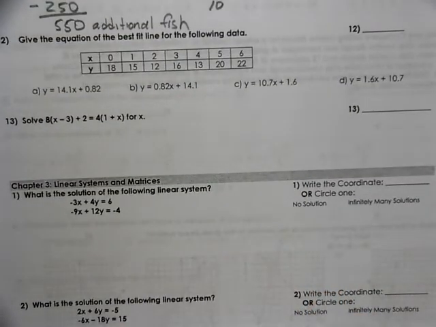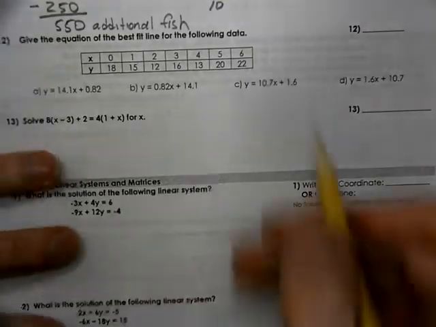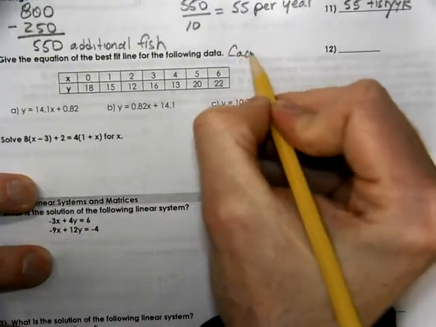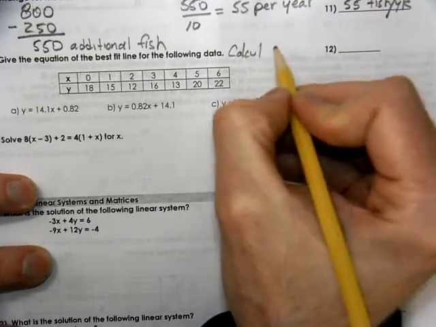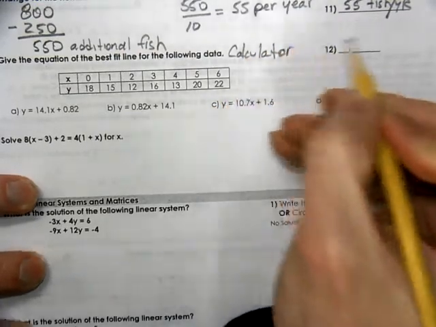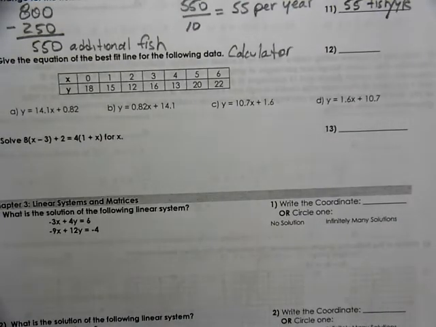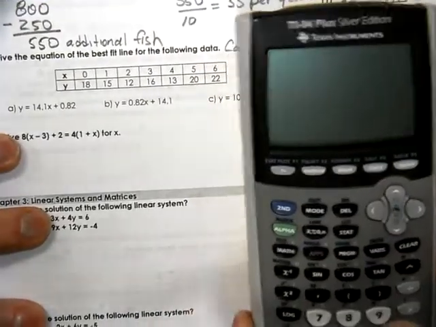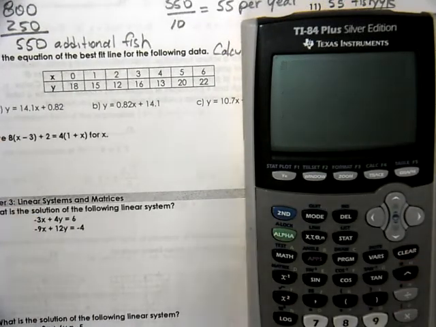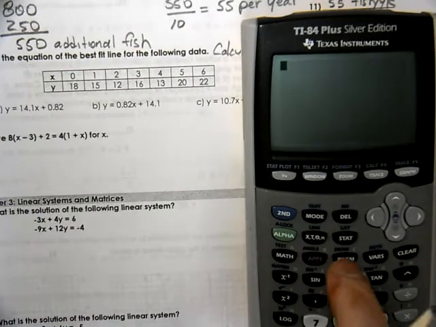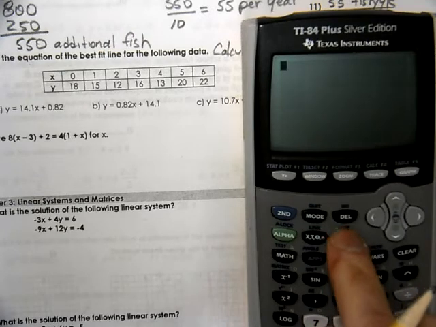Give the equation of the best fit line. So with this, we're going to use our calculator. We're going to bring our calculator over, and we're going to go to Stat.